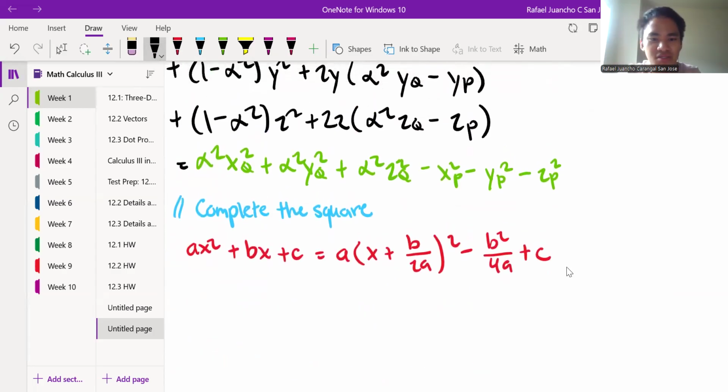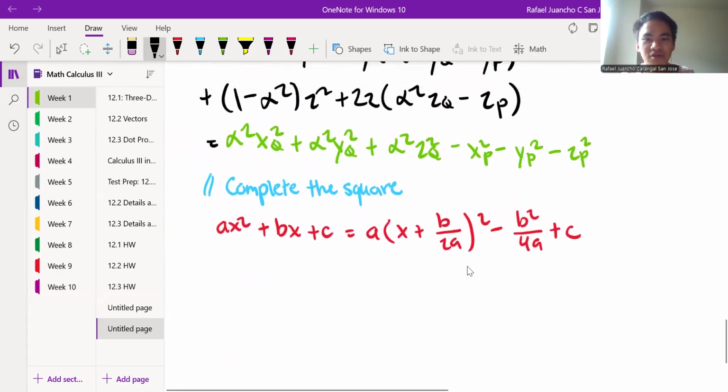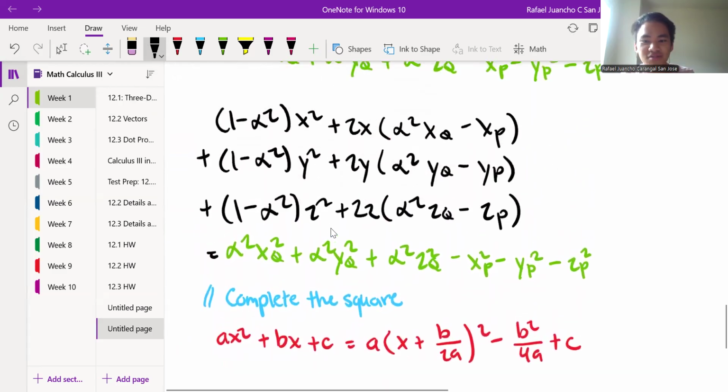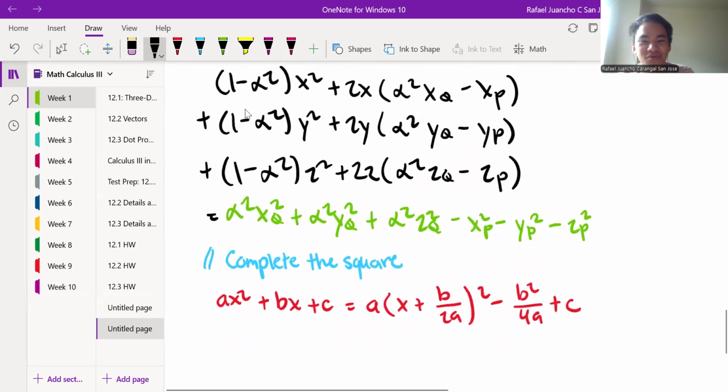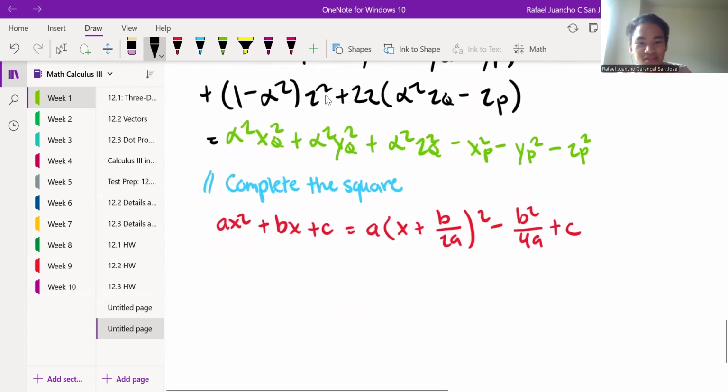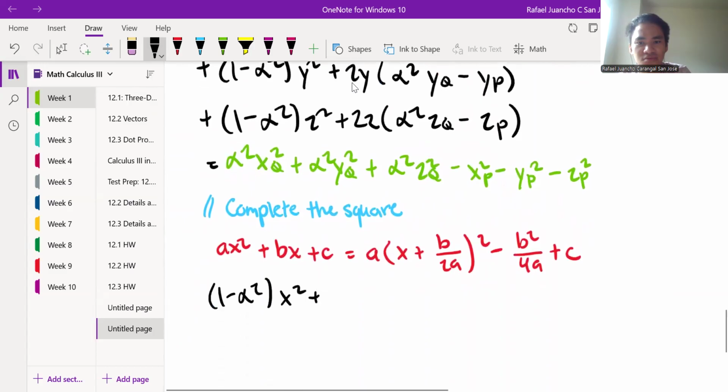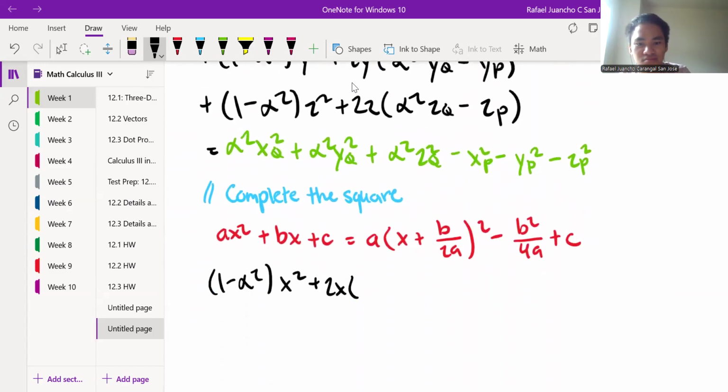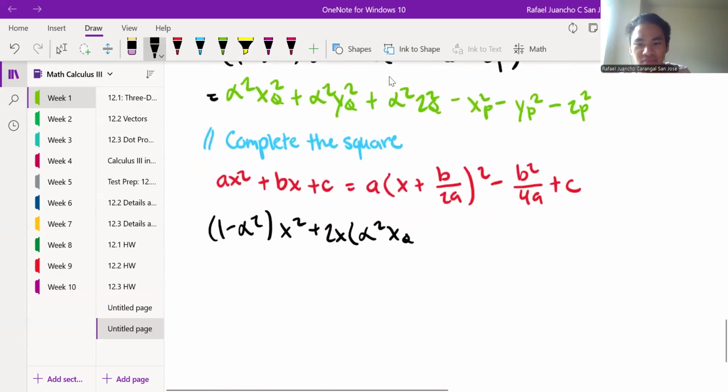Okay, so the way we're going to use this is we're going to try it on one of them, and then eventually it will work for all of them. So how do we do this? Well, let's say we have this thing right here, x squared. We add it to 2x. I think it was like that. Yeah, minus xp.